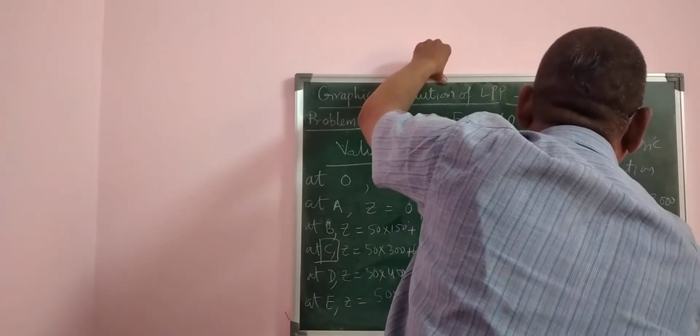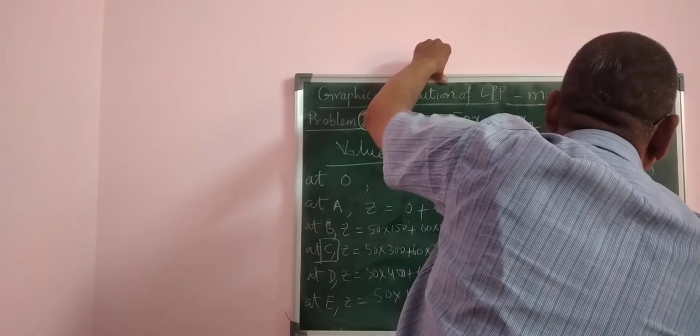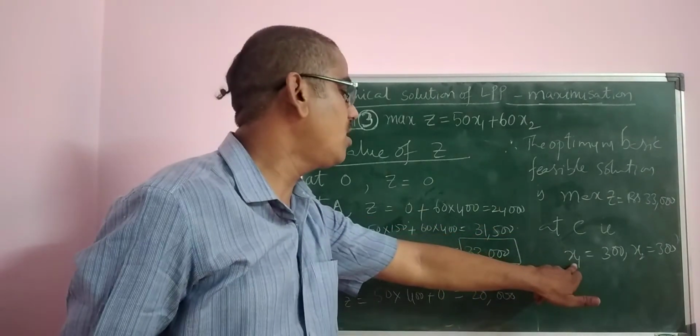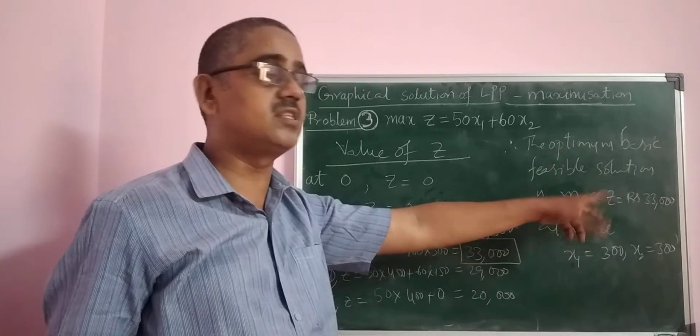That is x1 is equal to 300 and x2 is equal to 300. This is the basic feasible solution which optimizes, hence it is the optimum basic feasible solution.